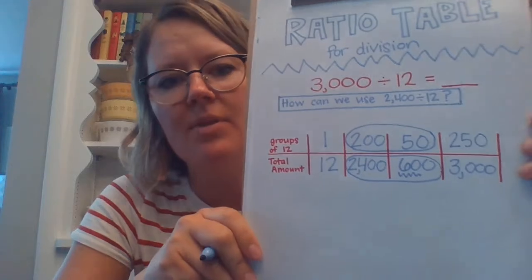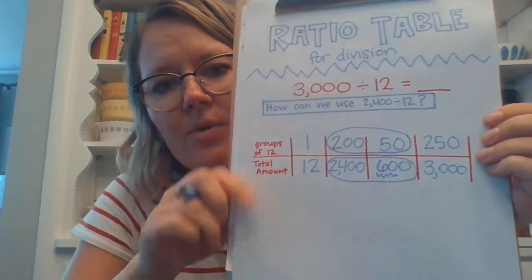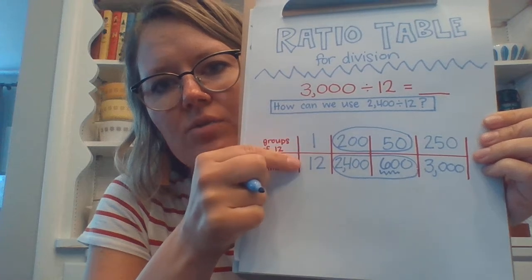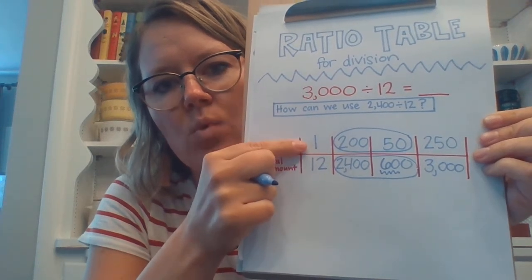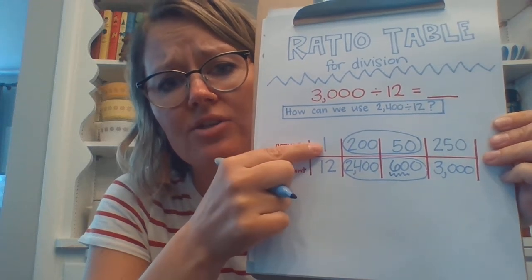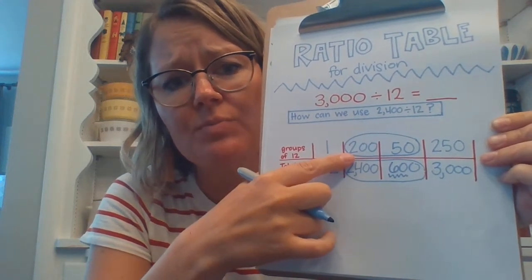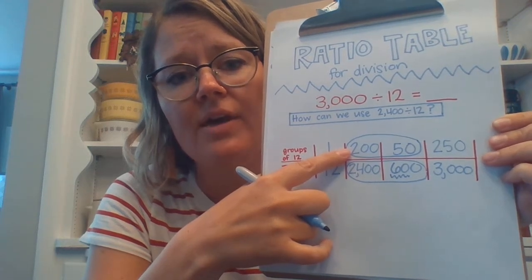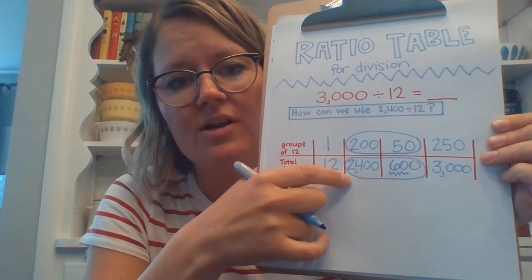I'm going to show you this up a little closer. So I started with one group of 12 was 12. Okay, I always like to start with that unit right there, where it's one group of something is this total amount. And then I know that I can do 200 groups, and that would make 2,400, because 200 times 12 is 2,400.